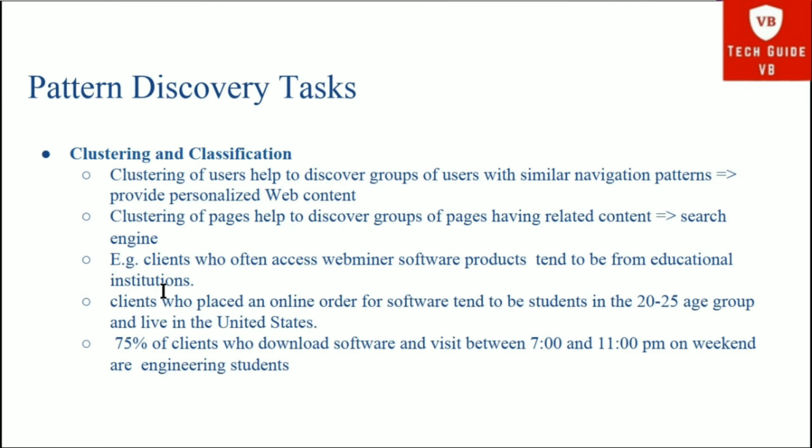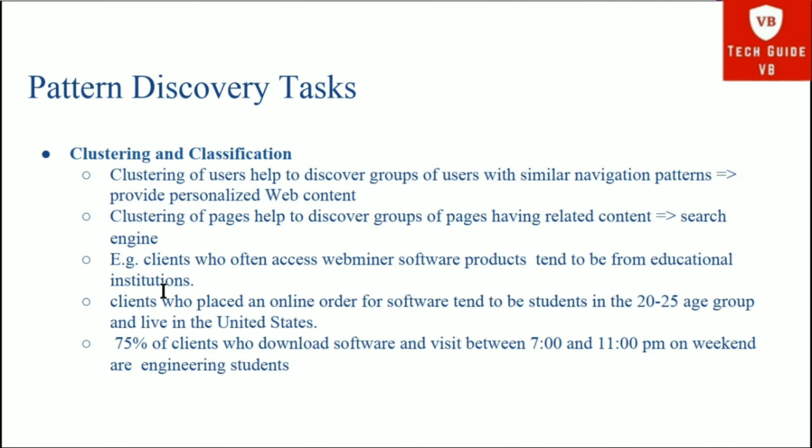Then the next is the pattern discovery task, which uses clustering and classification techniques. Clustering of users helps to discover groups of users with similar navigation patterns, that is, to provide personalized web content. Clustering of pages helps to discover groups of pages having related content, that is, for search engines. For example, clients who often access webminer software products tend to be from educational institutes.